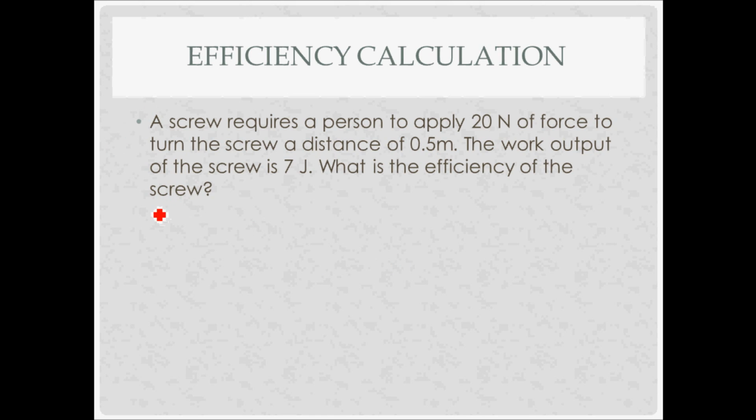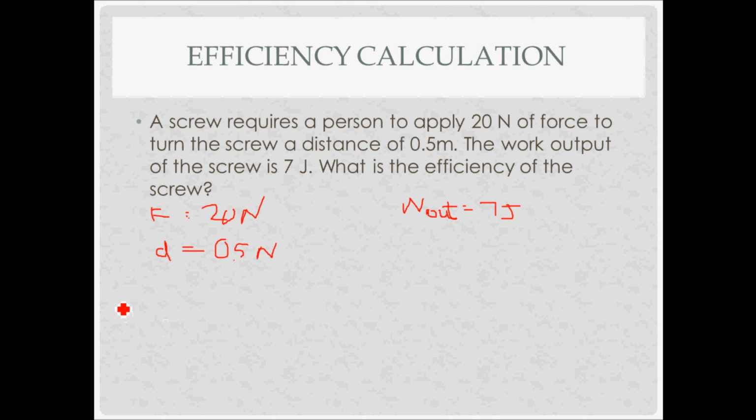Alright, so what we know here is we have a force equal to 20 newtons, and we have a distance equal to 0.5 meters. And then we also have a work out of 7 joules.